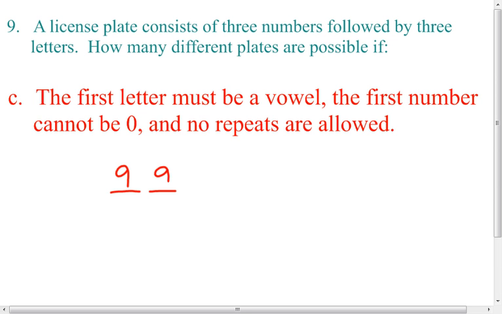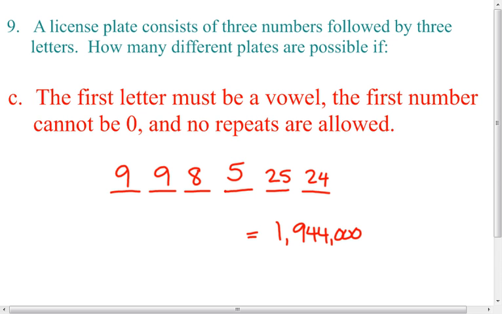So I still have 9 choices, and then having used 2 of them, I have 8 choices. The first letter has to be a vowel. We're sticking with the traditional definition, A, E, I, O, and U, so there are 5 choices. The next letter can be any letter except the one I've already used. There are 26 letters, but I used 1, so now I have 25. And the next one would be 24 if repeats are not okay. When you do that, you get 1,944,000 possibilities.